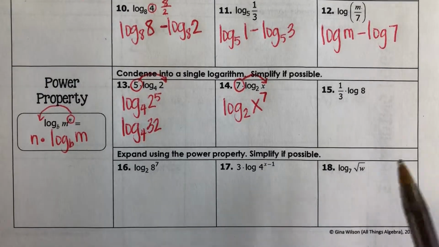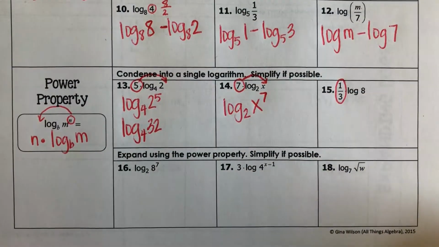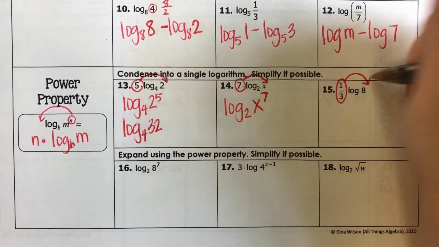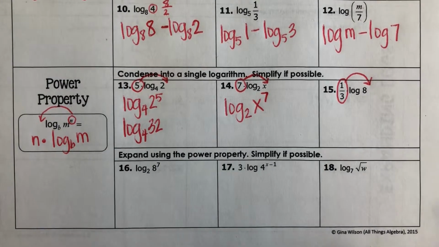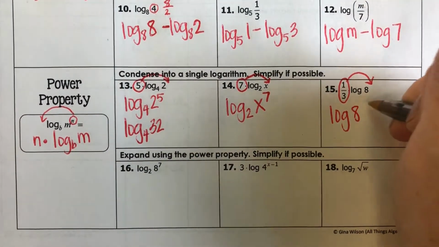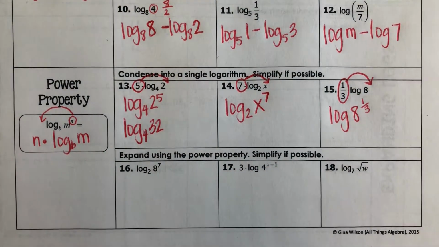All right. Number 15, notice I have a fraction out front, okay? Now, just because it's a fraction, it still follows the same rules. It becomes the exponent of my answer, okay? So 8 to the 1/3 power.